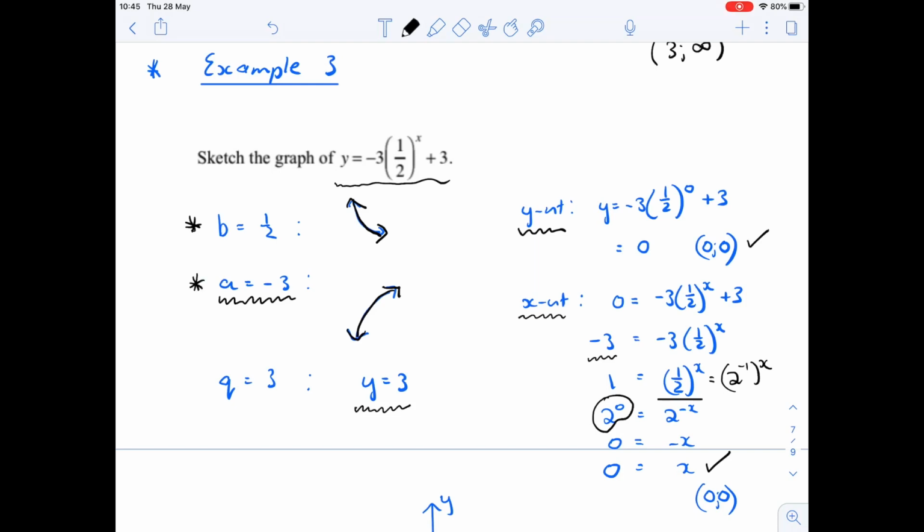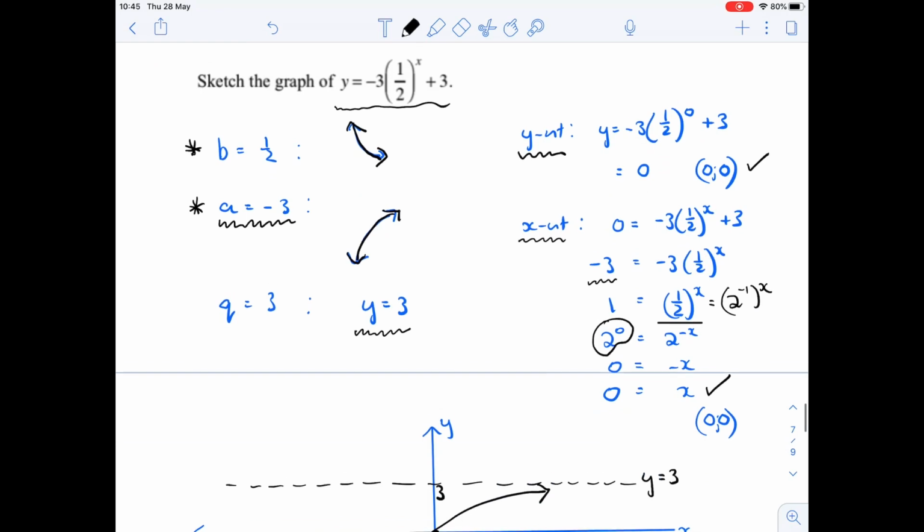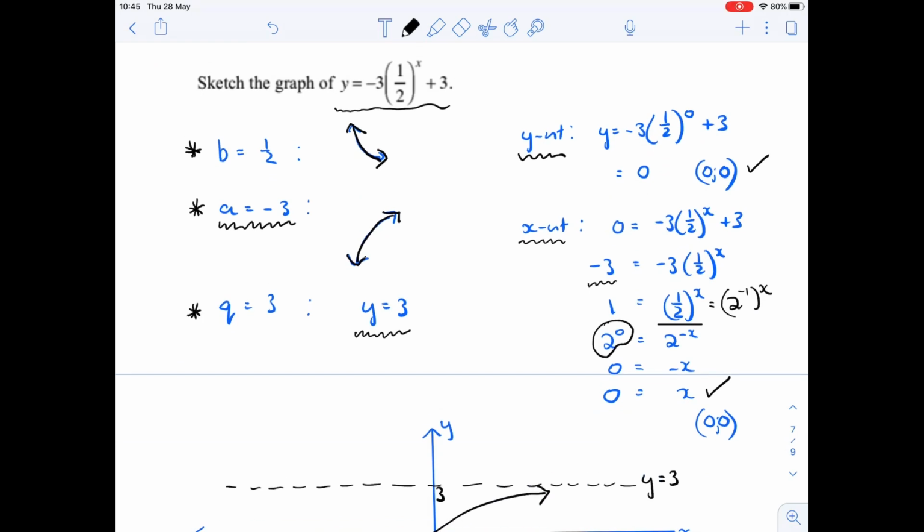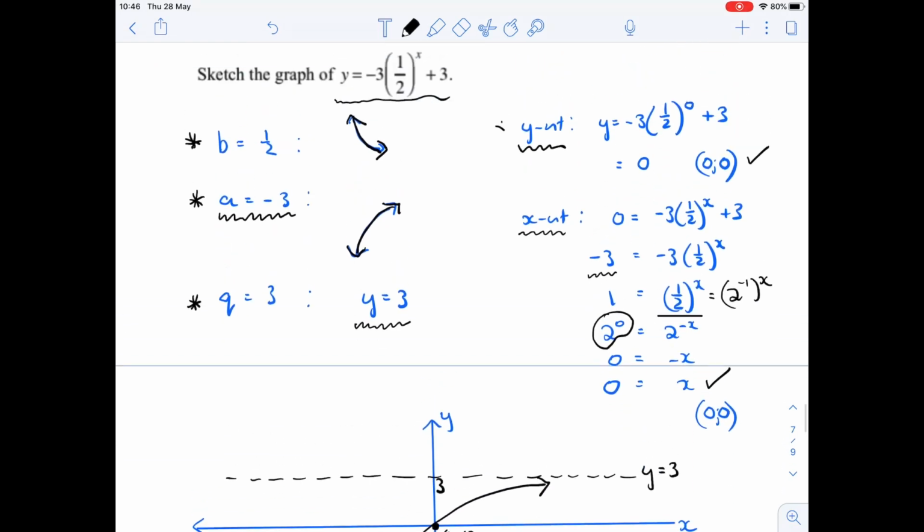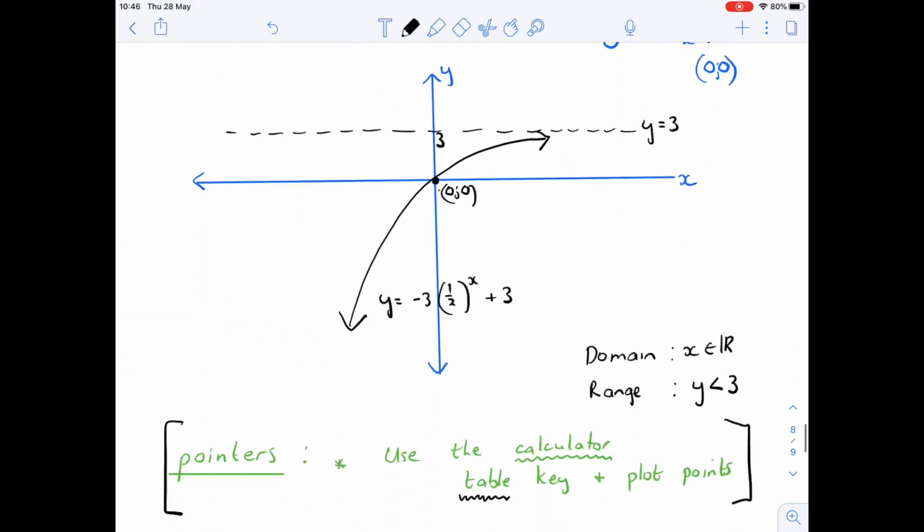See if your a changes the way it reflects. Get your asymptote, y-intercept, x-intercept. So those are the 5 points. Check your b. Does the a change anything? What is your asymptote? What is your y-intercept? And what is your x-intercept? And then voila, off you go and sketch your graph.